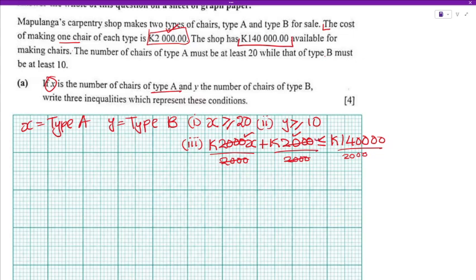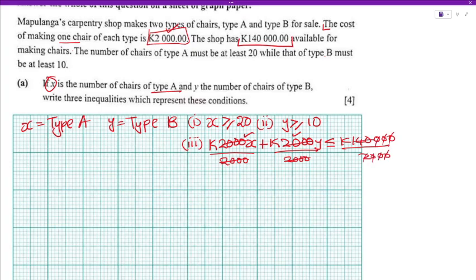Oh, I forgot to put a y here. Let me just quickly put a y, so 2000y as well here, less than or equal to 140,000. Even here we're going to divide by 2000, so that you cancel the 3 zeros.